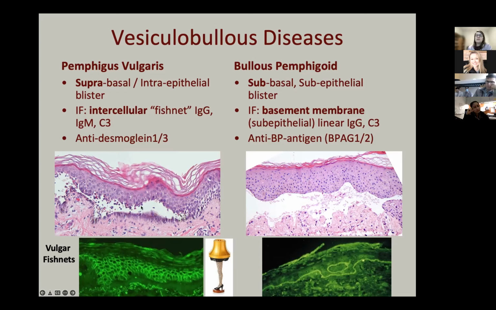The difference is because the antigenic properties are either in the intercellular desmosomes, causing breakage between the cells, or at the basement membrane, causing breakage at the basement membrane. And so we can again apply immunofluorescence where we'll see highlighting of the antigen between the cells, or highlighting of the antigen below at the basement membrane level, okay?